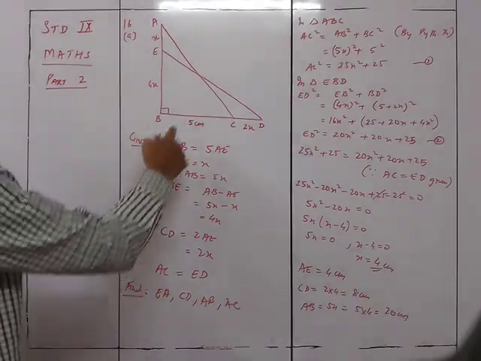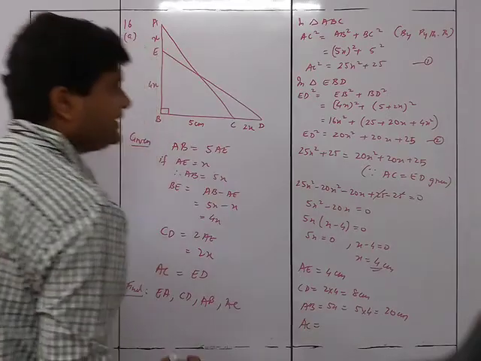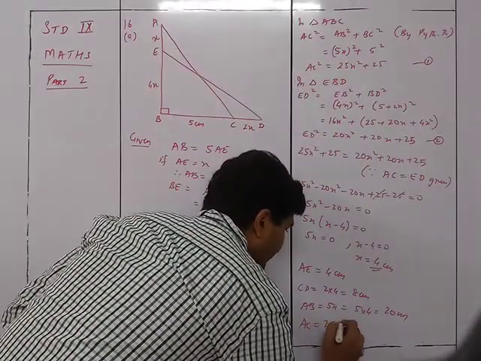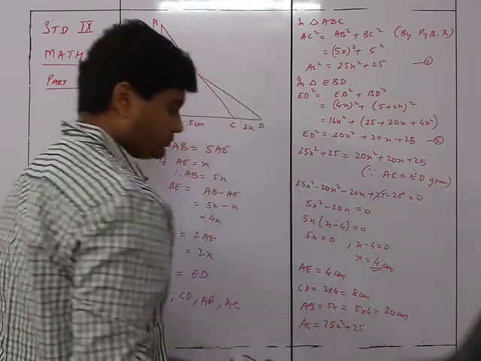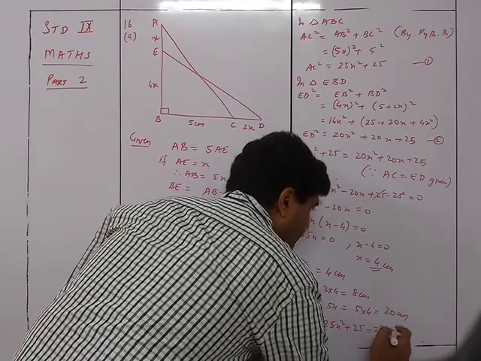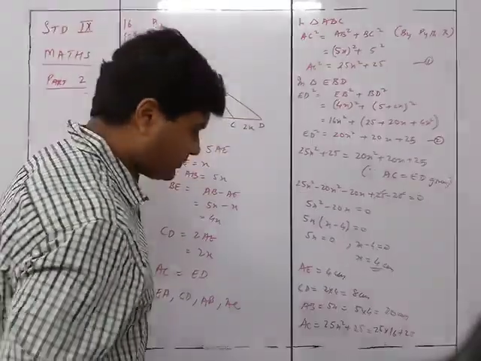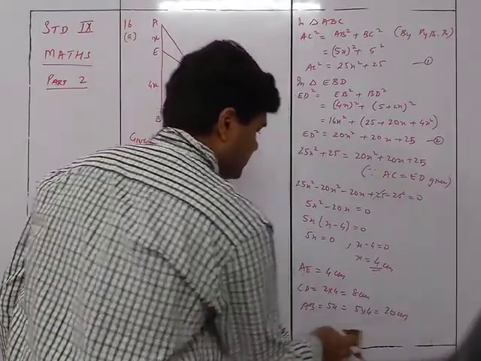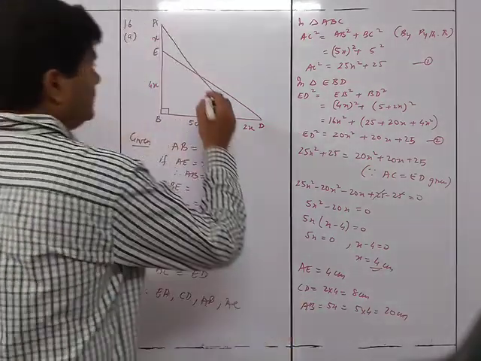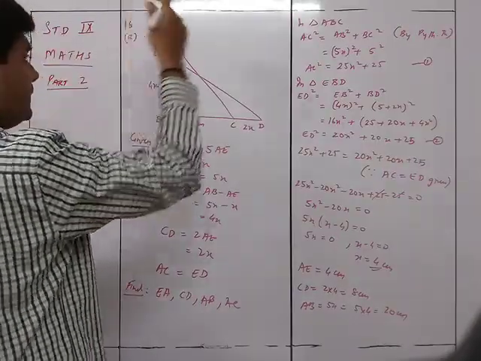And finally AC. We need to find out AC. AC square was 25x square plus 25. So that is 25 into 4 square, which is 16, plus 25.